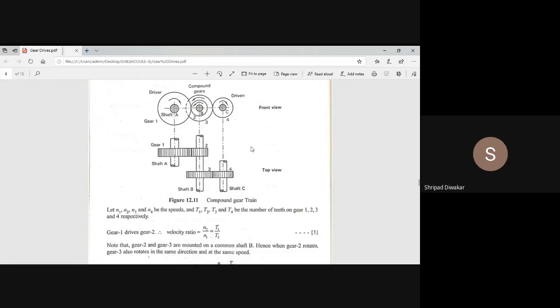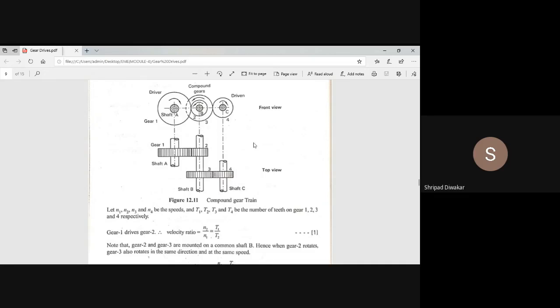Compound gear train means a single shaft holding two or more gears. In this diagram, gear 1 rotates gears 2 and 3, and gears 2 and 3 rotate gear 4. So gear 1 is the driver gear, gear 4 is the driven gear, and gears 2 and 3 are our compound gears.